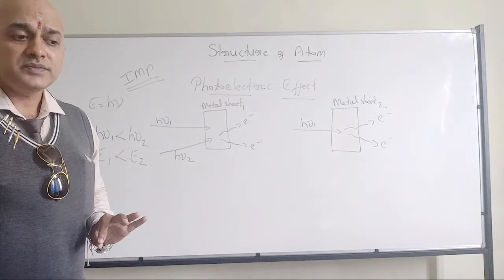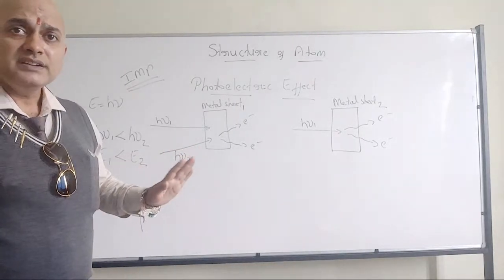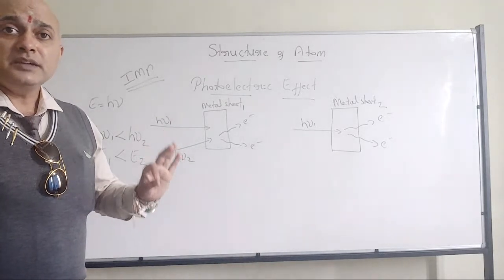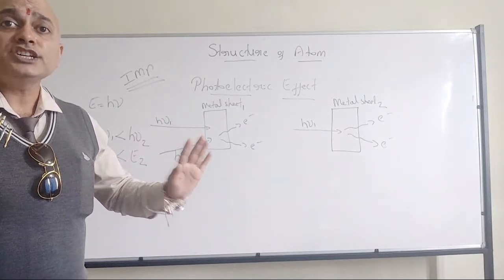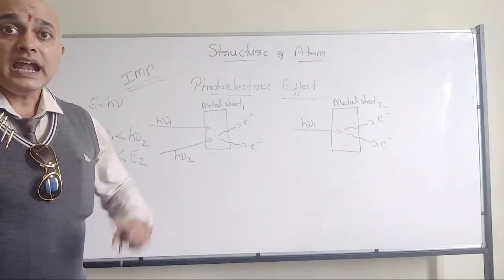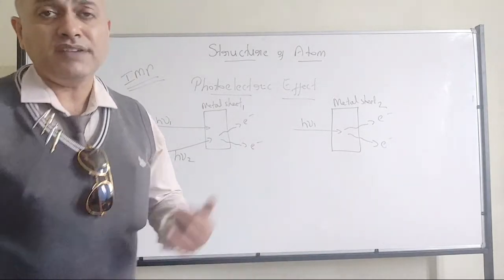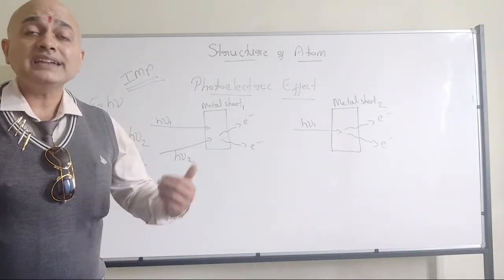Any doubts? So what I mean to tell here is, each metal demands its own frequency of radiation to have the ejection of electron. And this phenomenon is called the photoelectric effect.